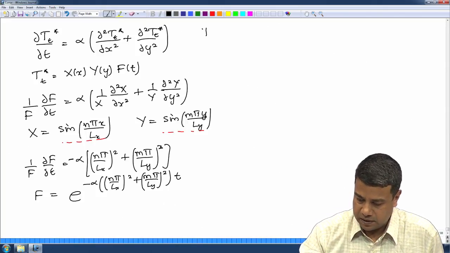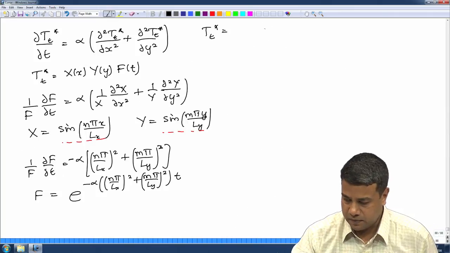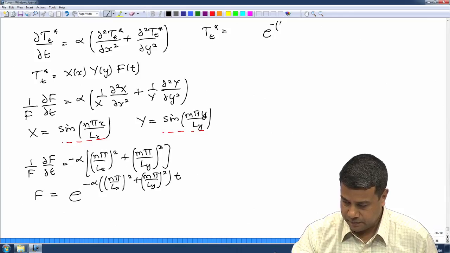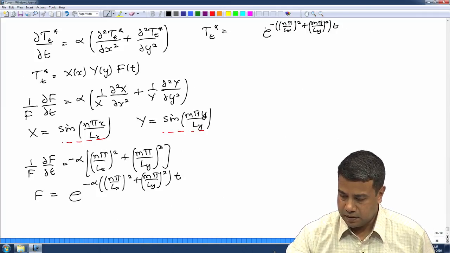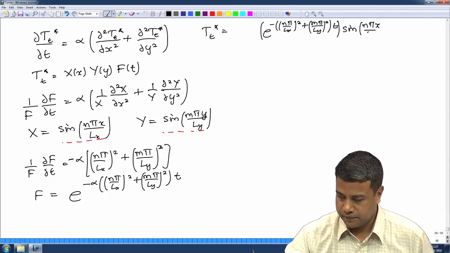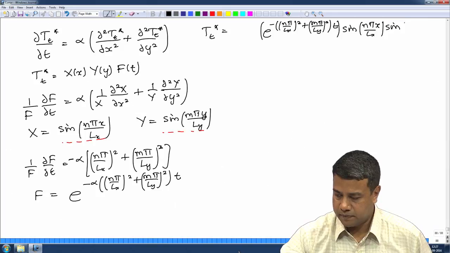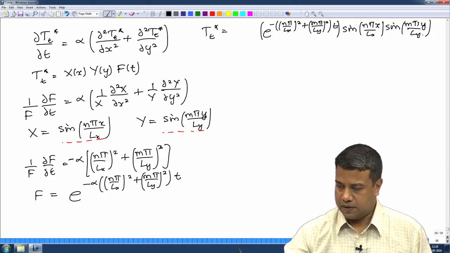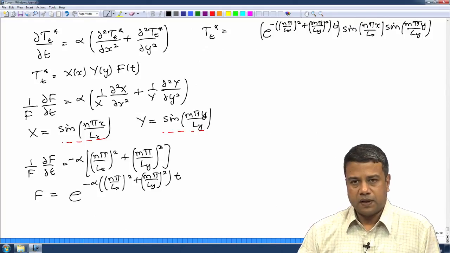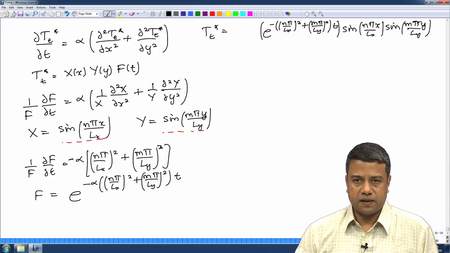The total temperature T star is equal to this function f, e power minus alpha into t, this into sine n pi x by Lx into sine m pi y by Ly, and this solution is valid.